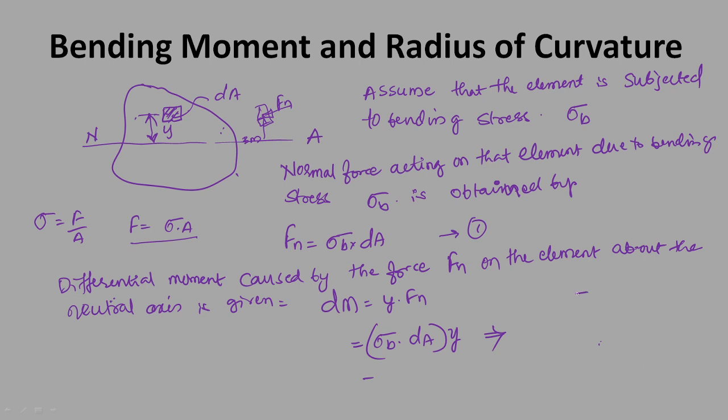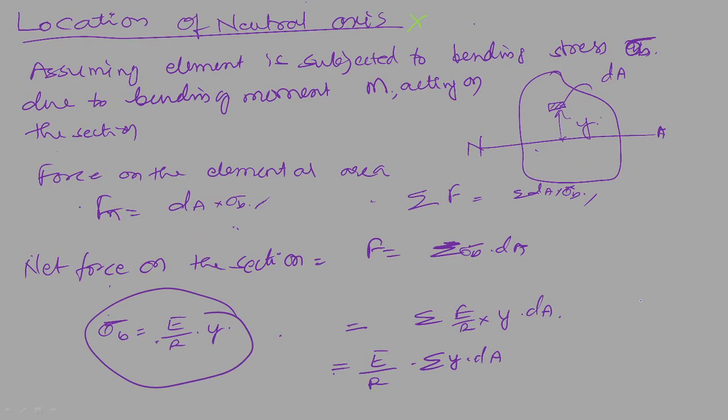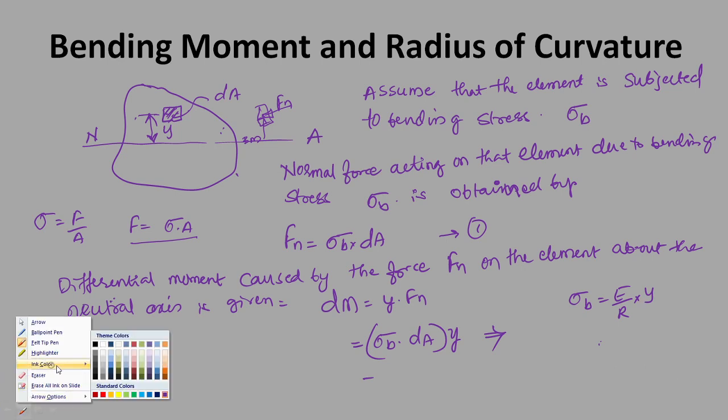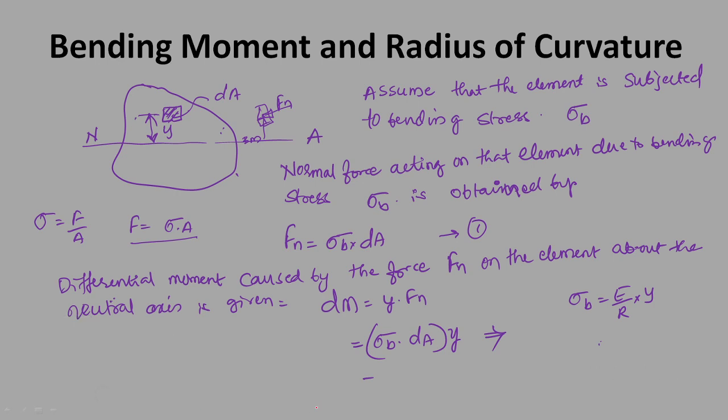So now sigma b equal to E by R into y. Is it the right equation? Right. Now let us substitute here: E by R into y, into dA, in a bracket, into y.